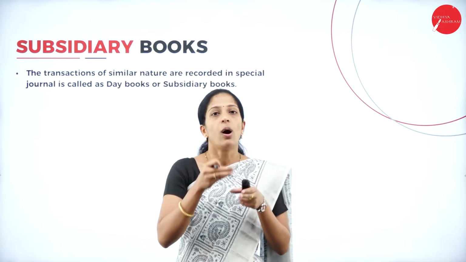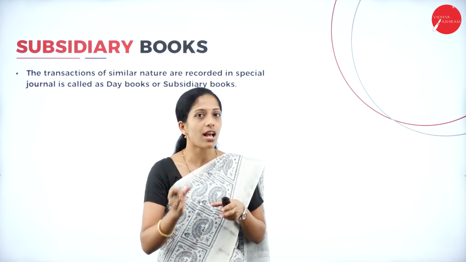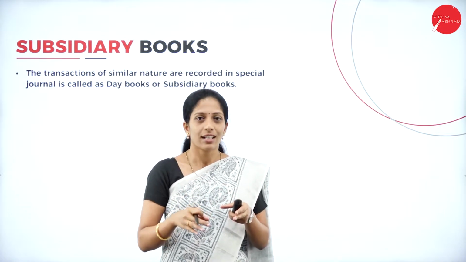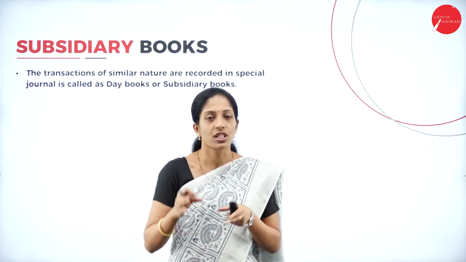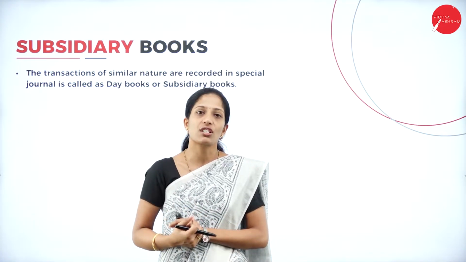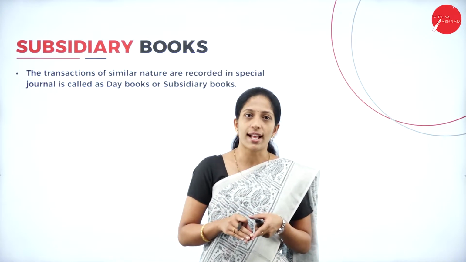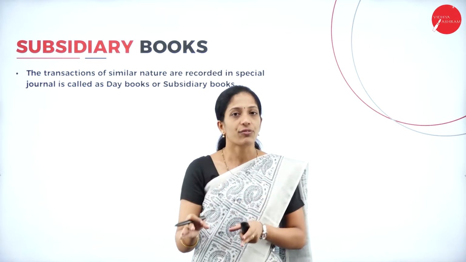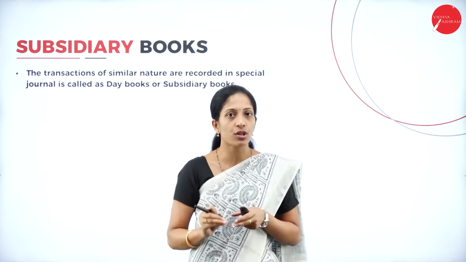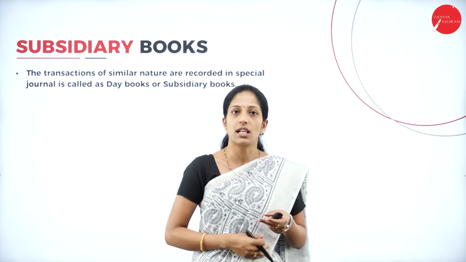In the same way, all credit sales of goods will be recorded in a separate book, which is called as sales book. So depending upon the nature of the transaction, we are going to classify the transactions into separate books, which is called as what? Subsidiary books.